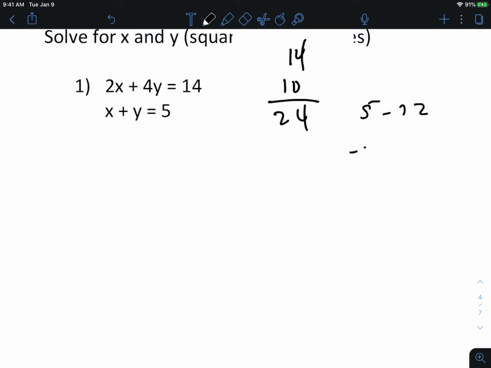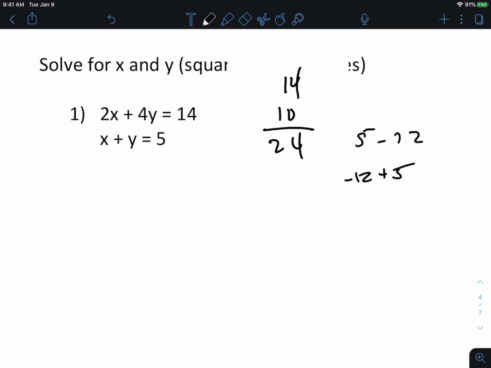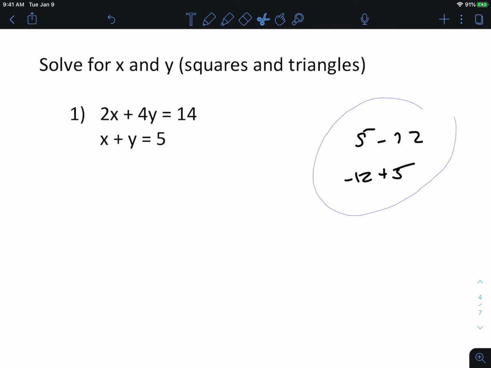If you rearrange it, you'd have negative 12 plus 5. See how that's not helpful? It's forcing you to know dealing with negatives, which I'm not very good at. So the other thing would be negative 7. So x equals negative 7.